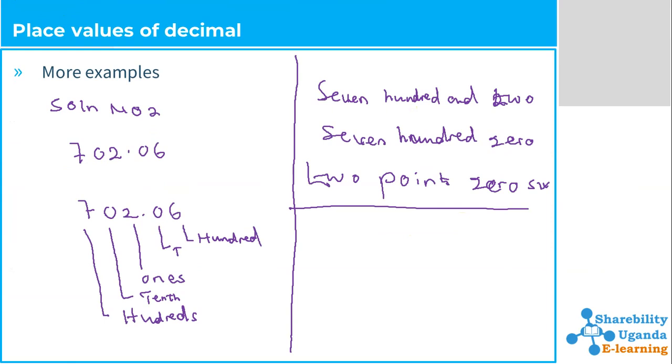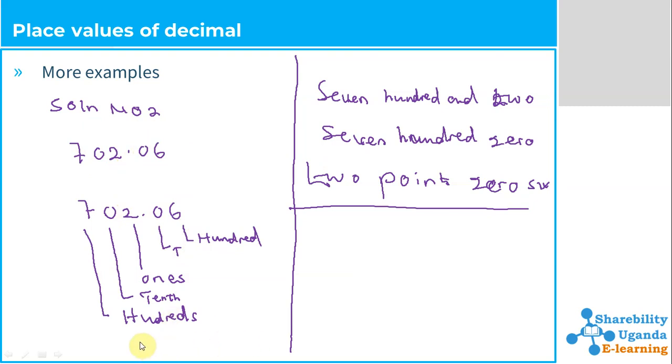Like here, in the last number we did, we have our 702 point, that's going to be our 010, and then 600s, hundreds.